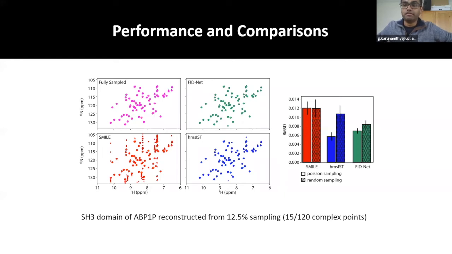Poisson gap is also better for FIDNet, but it matters to a lesser extent. So you can outperform HMS IST when you use random sampling, and SMILE doesn't really care about the sampling schedule, at least in this case, but performs significantly worse.